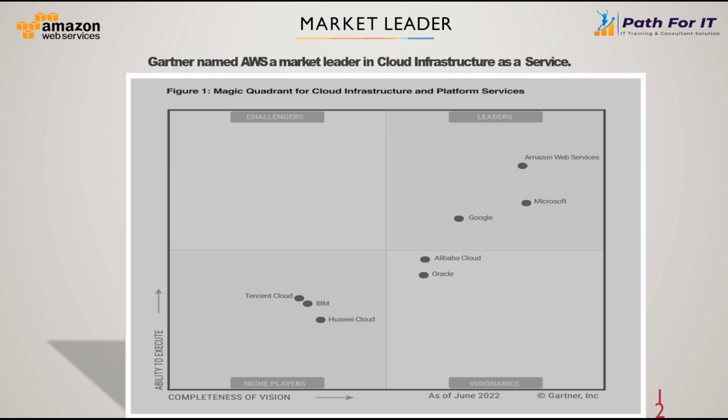Now we'll try to understand how AWS is a market leader and who gives the name AWS as a market leader. Gartner is one agency that used to provide reports specifically on ability to execute and completeness of vision. So AWS is a market leader in the cloud industry.